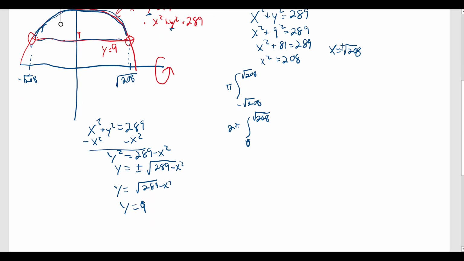So this would be our capital R of x, and this would be our little r of x.